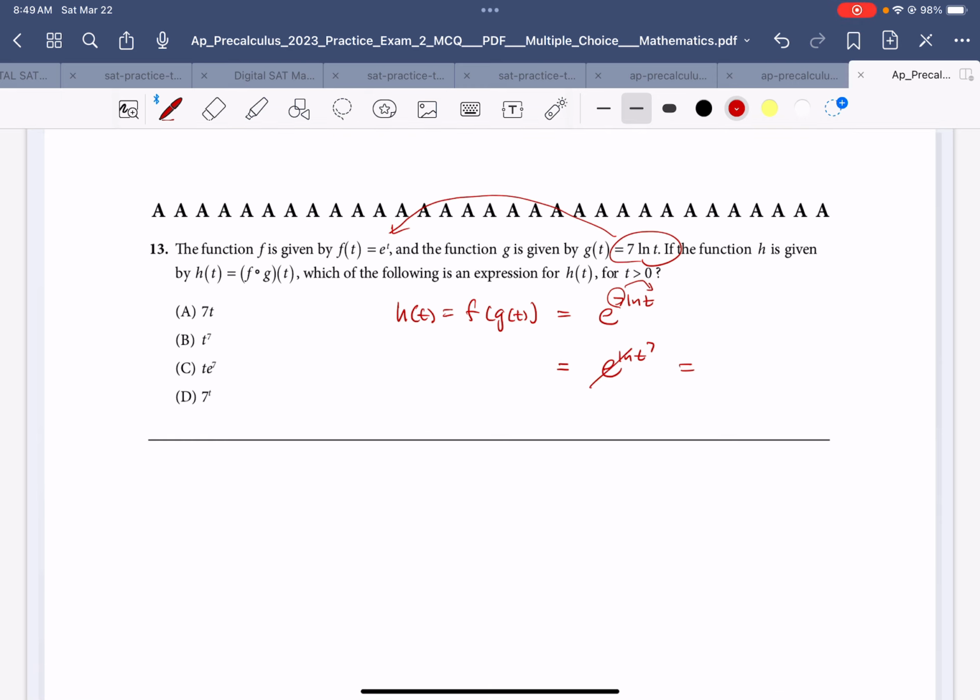It's just t to the 7. The property I use here, one of the properties for logarithm and exponential, is a to the log base a of b should be just b. Okay, that's the property you need to know. So ln means log base e, so it cancels out. And then it's just t to the 7. So the answer is B. Okay.